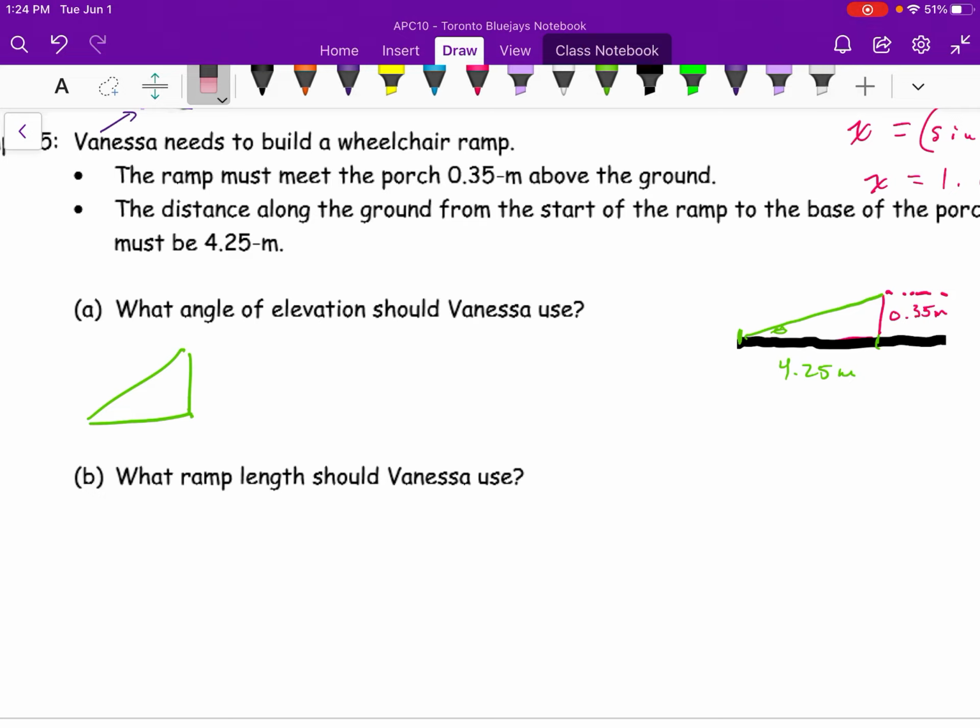Now, my picture is out of proportion. So if you notice, 4.25 is much larger than 0.35. If I use this picture, I might get some answers that really don't match up. So maybe I'm going to try to do a better job.